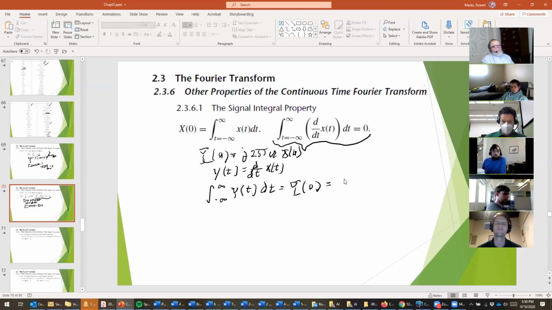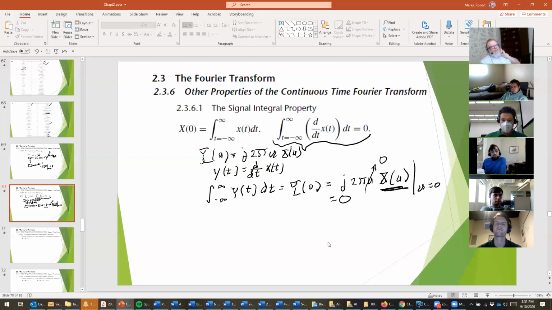So that's equal to j 2 pi u X of u, evaluated at u equal to 0. And as long as X of u is finite at the origin, then this u goes to 0, and the result is 0.